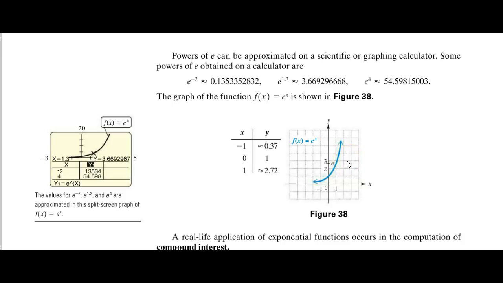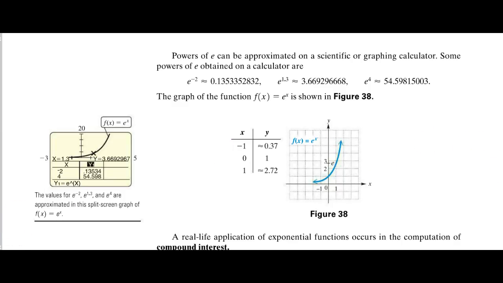And there's the graph that I was telling you about before, where e to the first power, so when the exponent is 1. Remember, when it's 0, e to the 0 power, everything is 1. But now to the first power is about right there, which is the 2.7 that we told you about.